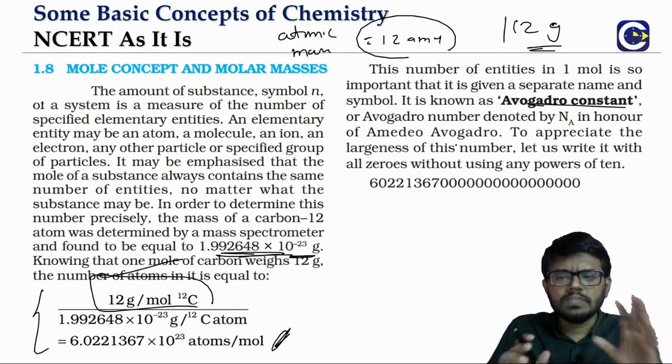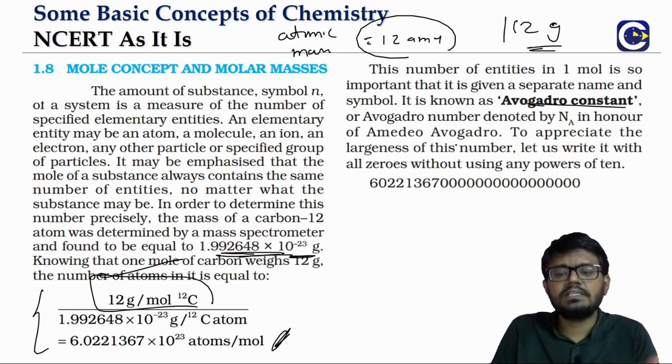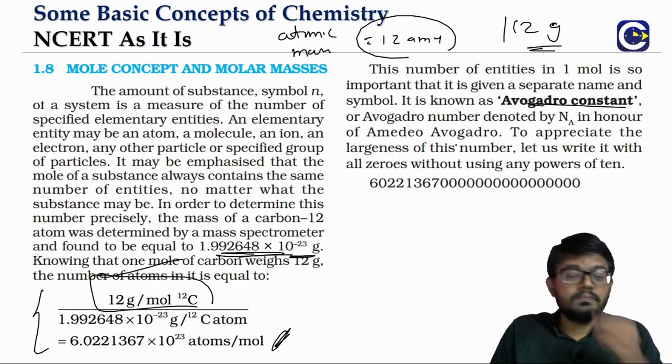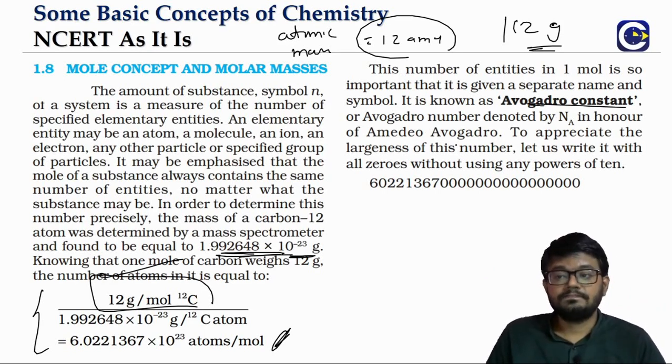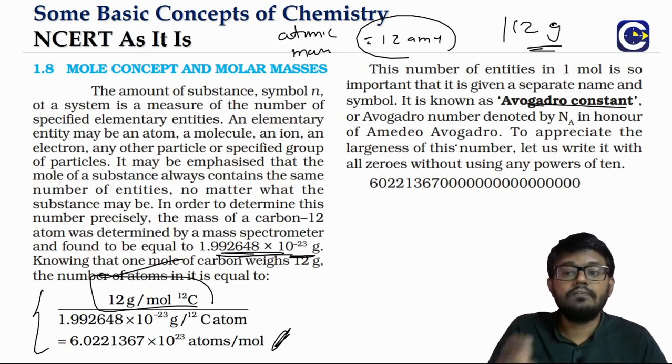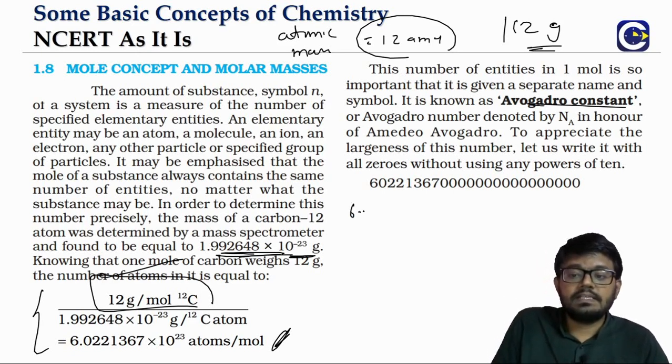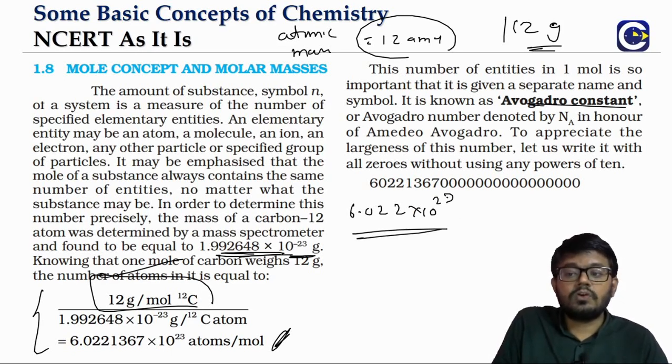Now, when you are talking about the representation of the Avogadro number, it is important to note the idea of significant figures. If you represent it as 6.022 × 10^23, we are talking about 4 significant figures.